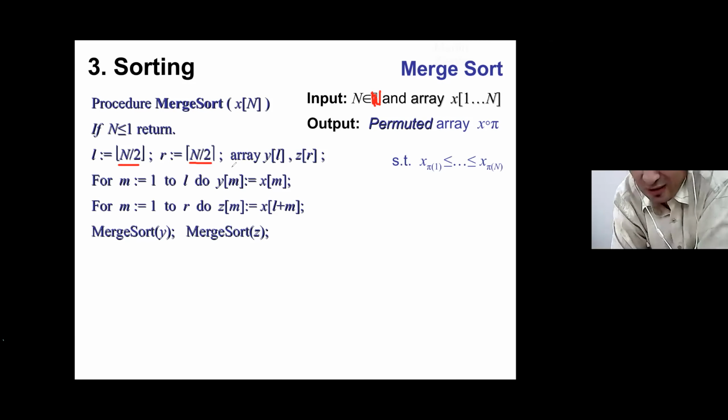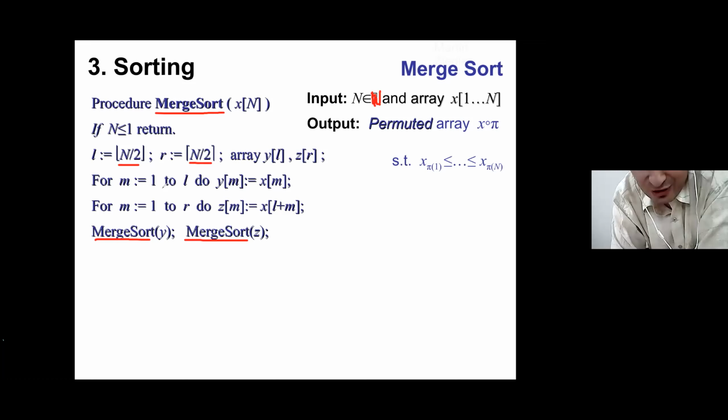The first one is just copying, and this is copying with an index shift of L because the first L elements of x landed into y. So I now have two arrays y and z of approximately the same size, which is half of the size of x, and y contains the first half of x and z contains the second half of x. And then I use the capacity of this merge sort recursively.